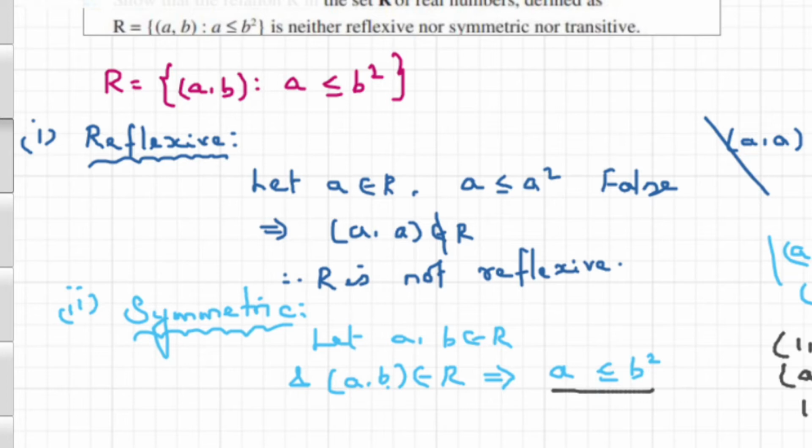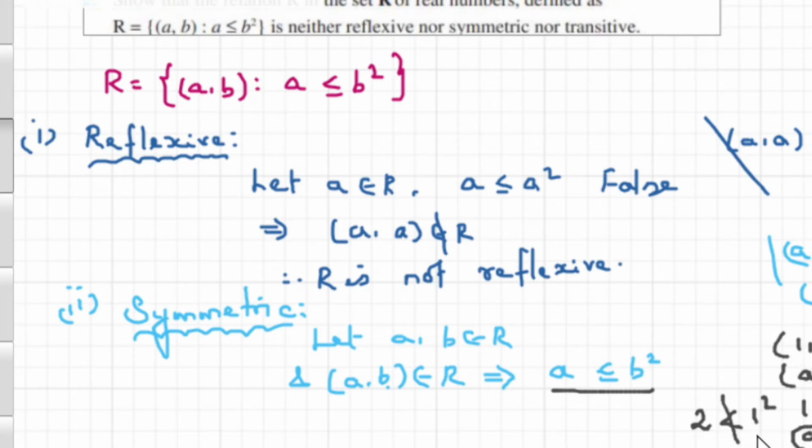This is true. Now if we have the reverse order, we check whether b is less than or equal to a squared: 2 is less than 1 squared?